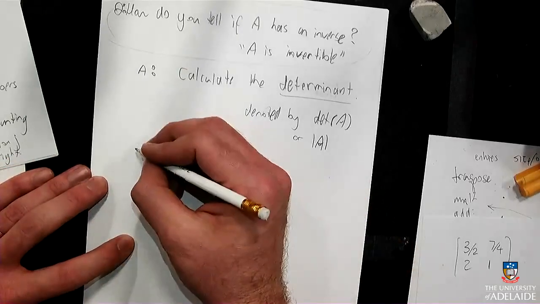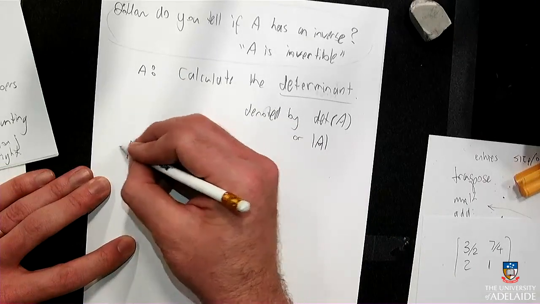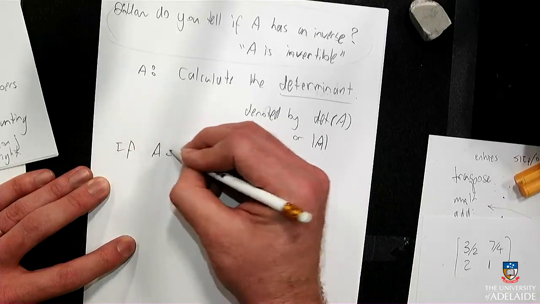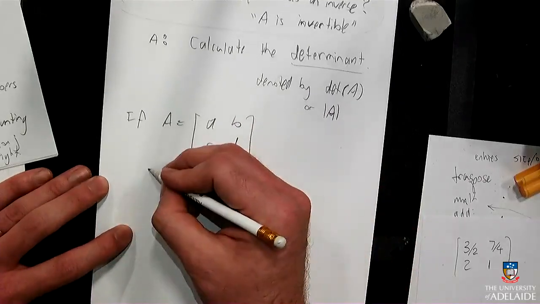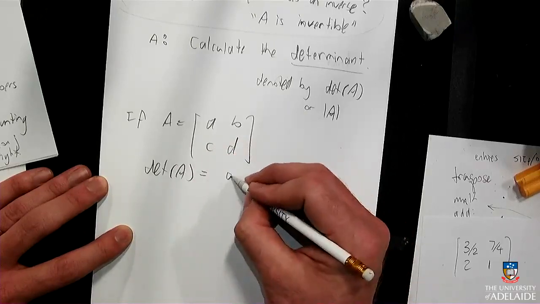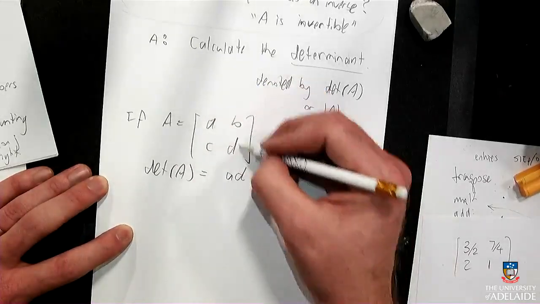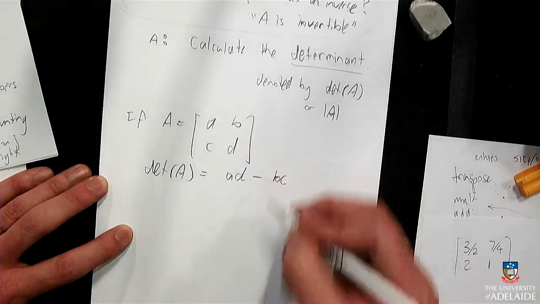So for 2 by 2 matrices, if A equals A, B, C, D like this, then the determinant of A is this calculation. Multiply this diagonal and multiply this diagonal and subtract them.